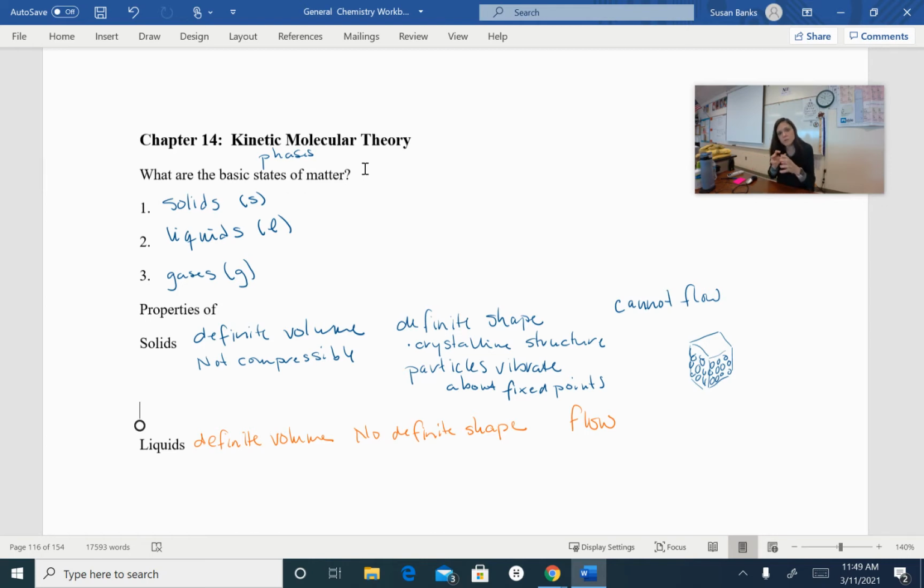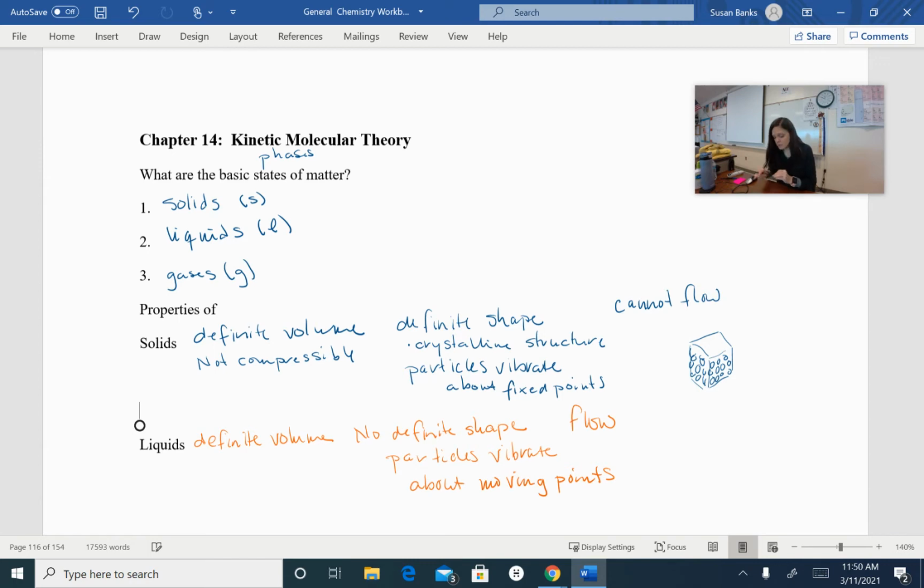So the particles still vibrate, but they vibrate about moving points. So they can flow, okay?